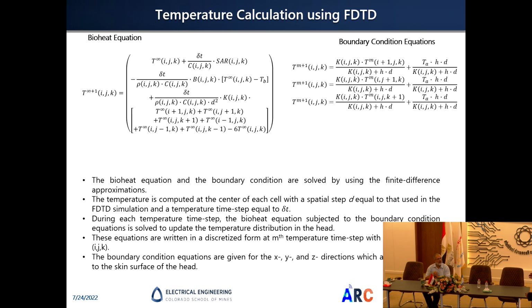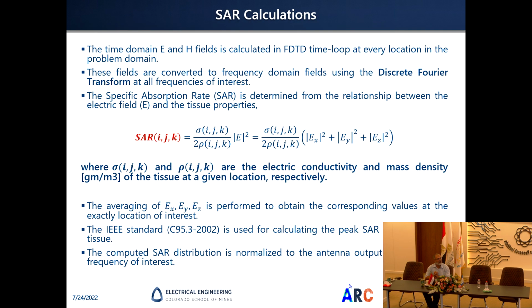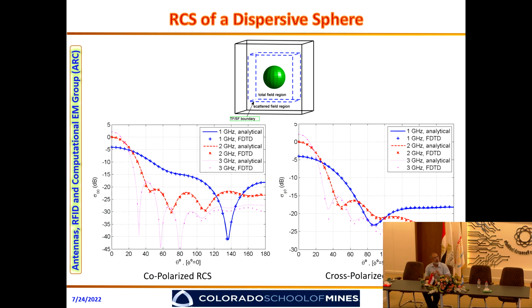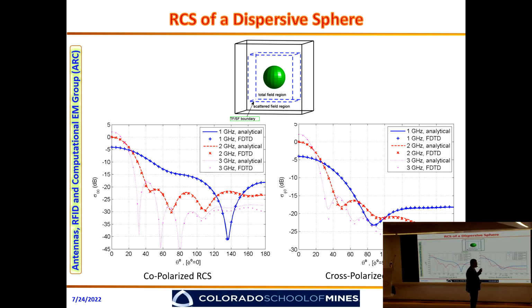Homogeneous dispersive material has been done and compared with an exact solution here. From the point of view of temperature, we didn't do the temperature in homogeneous dispersive material, but we can do it here because this is dispersive material in the entire sphere, a homogeneous sphere. We can take the SAR from here and put it in the equation.